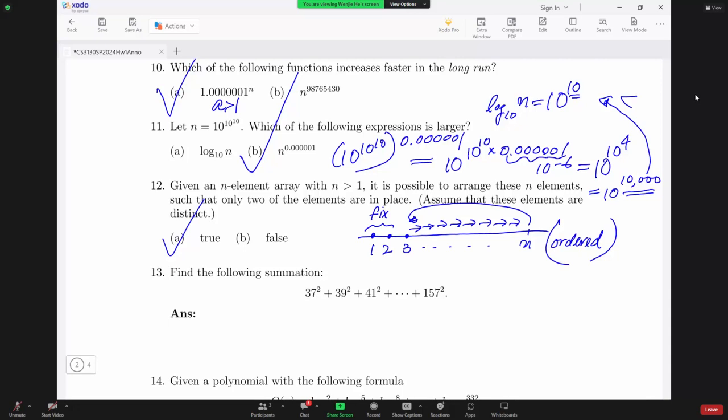I hope I have enough time. Number 13. You need to spend some time to calculate. I did it. You really need to do some calculation. When I post my answer files, I have all the formulas.